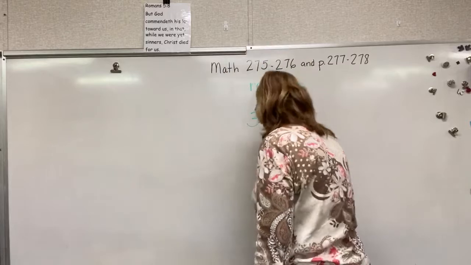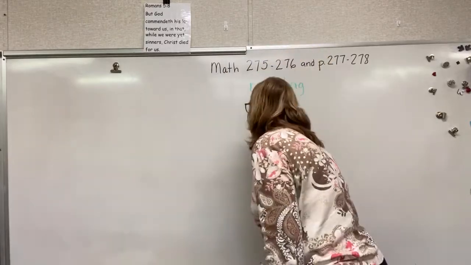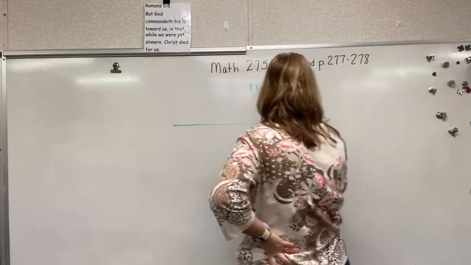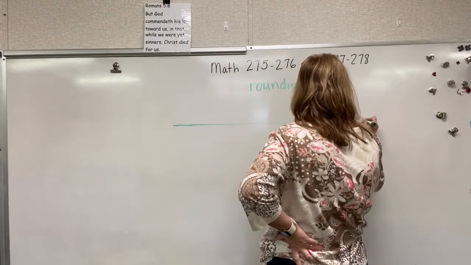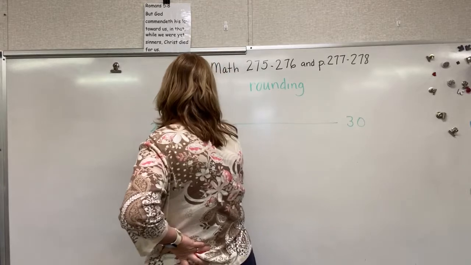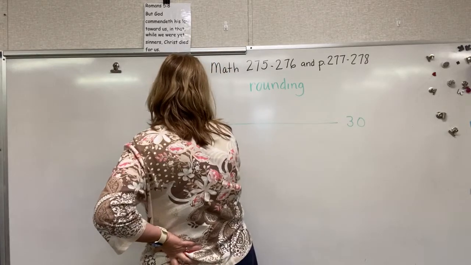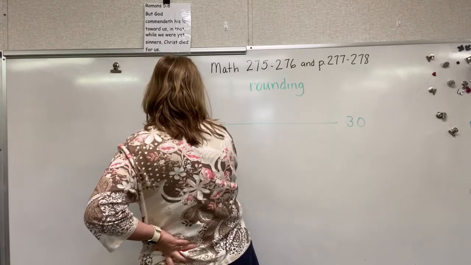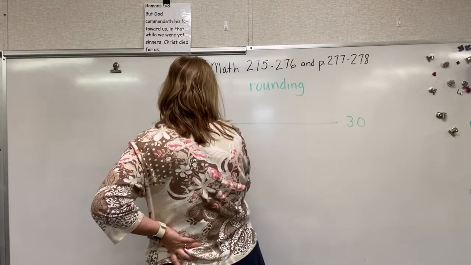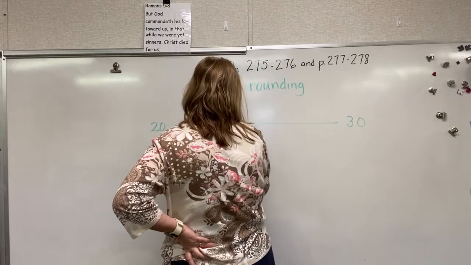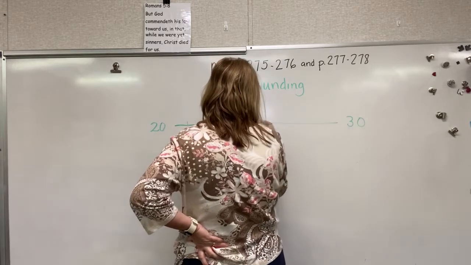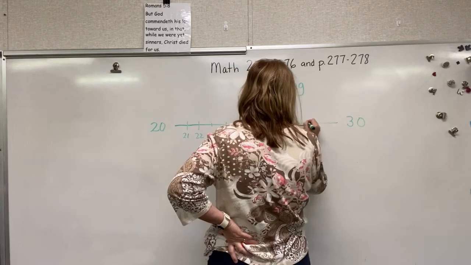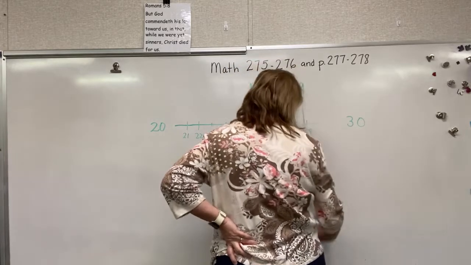So let's look. We have this little number line. We have a 30. And we have a 20. And we're going to do 21, 22, 23, 24, 25, 26, 27, 28, 29.